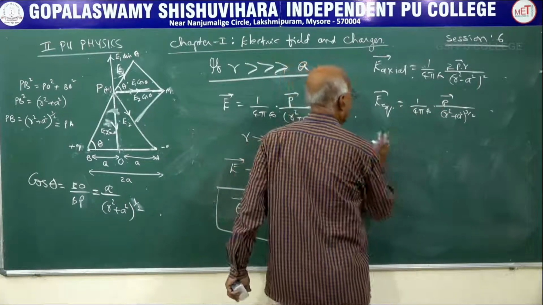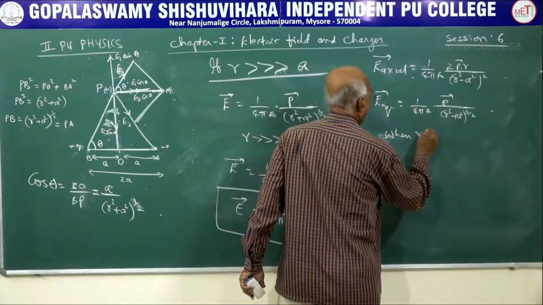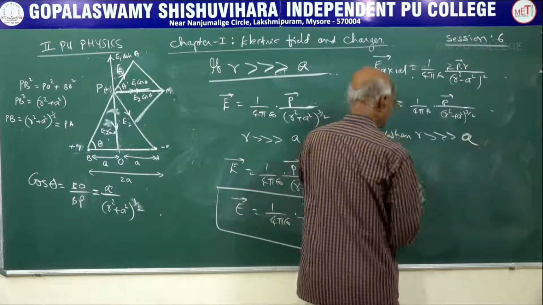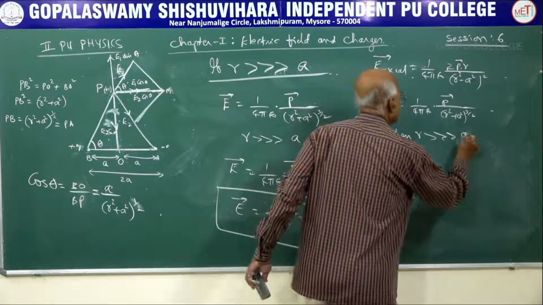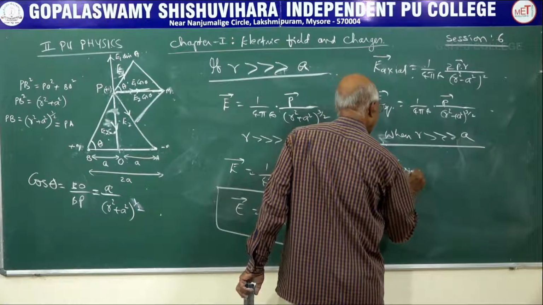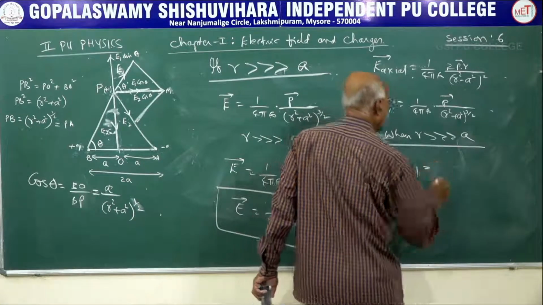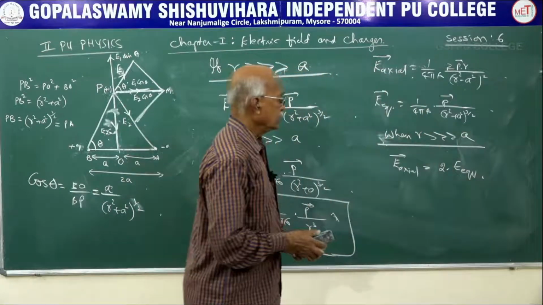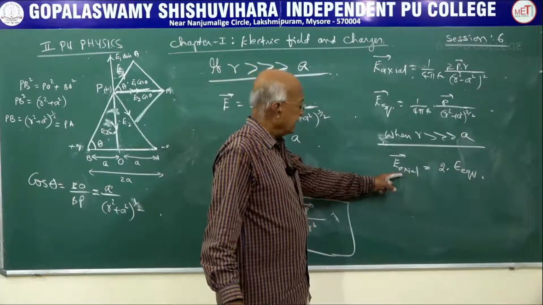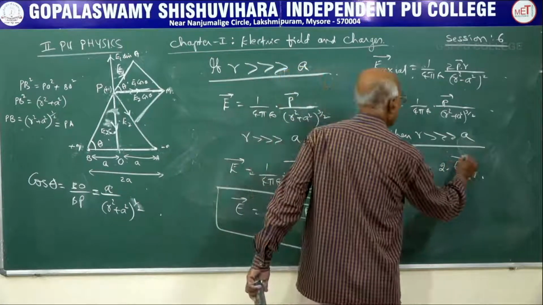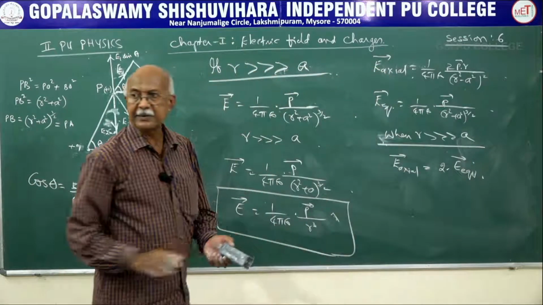Therefore when R is very much greater than A, E axial will be equal to 2 times E equatorial, or E equatorial will be equal to half the axial value.